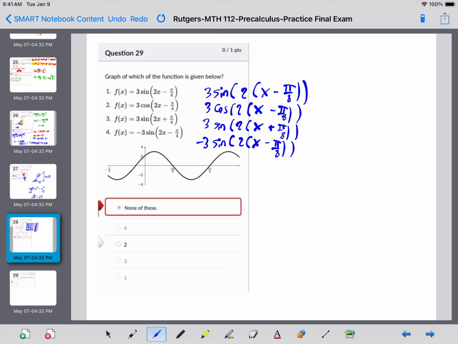So we know sine looks like this. Cosine, positive cosine looks like this. Positive sine, again, looks like this. And then negative sine looks like this. Alright?